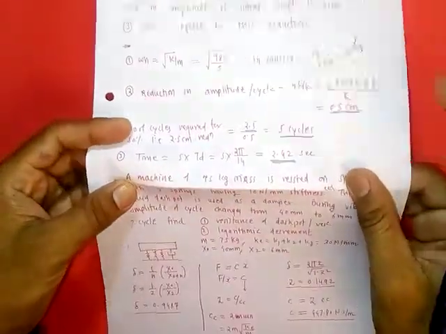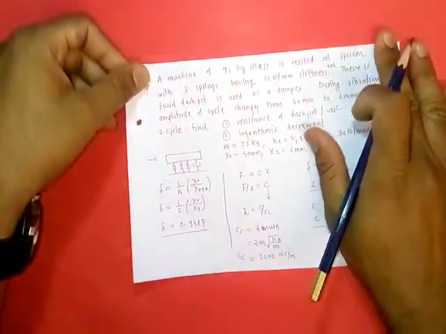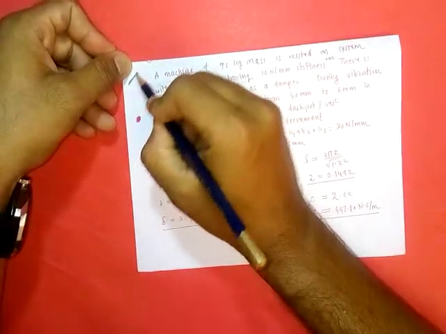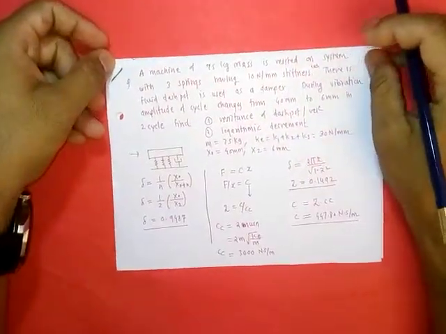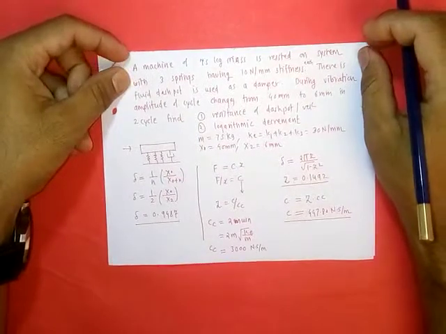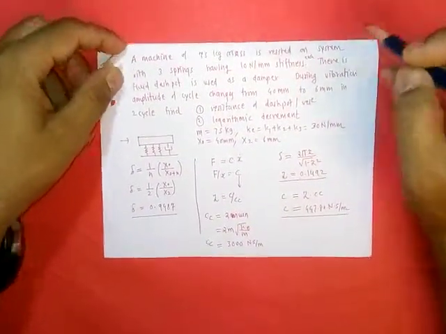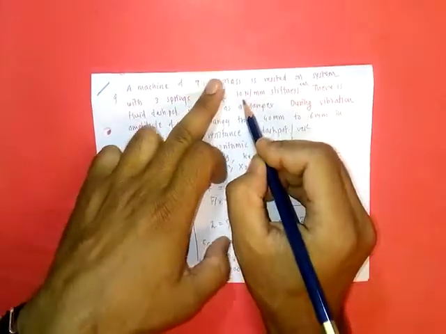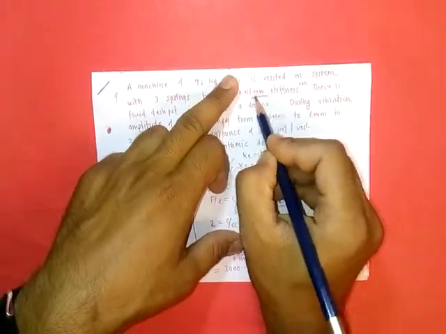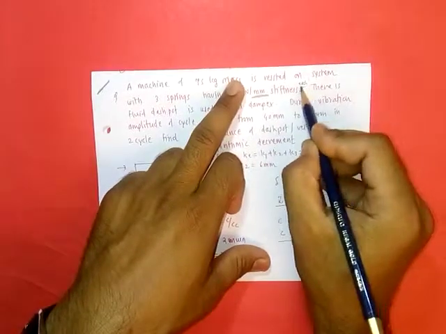Then the next problem is, this is the important problem. A machine of 75 kg mass rests on a system with 3 springs having 10 Newton per mm stiffness each.